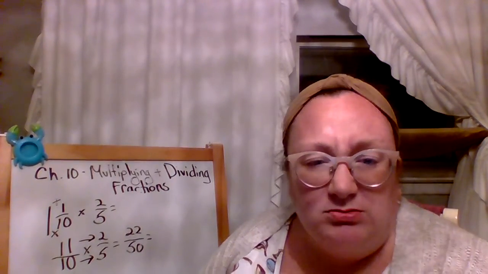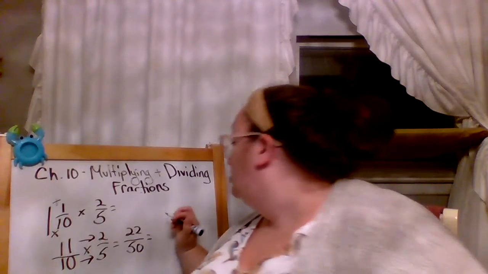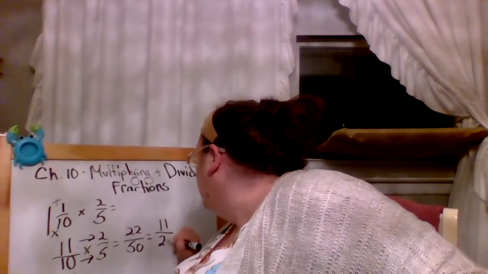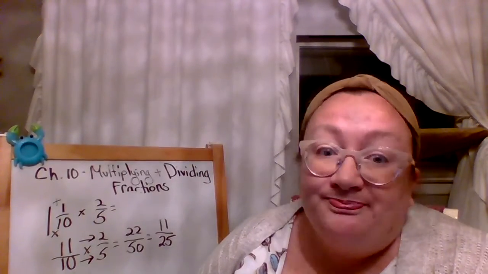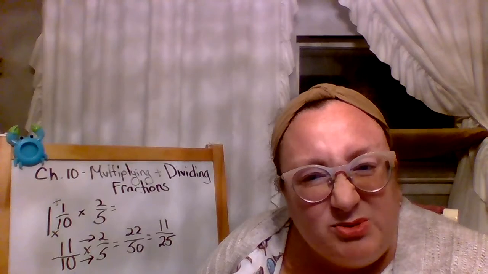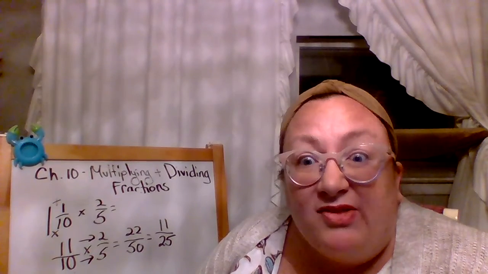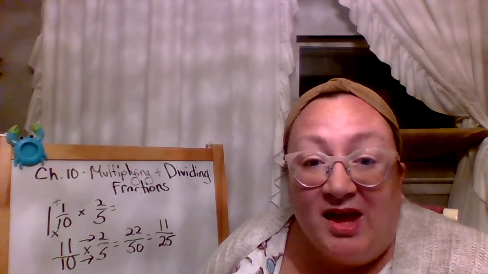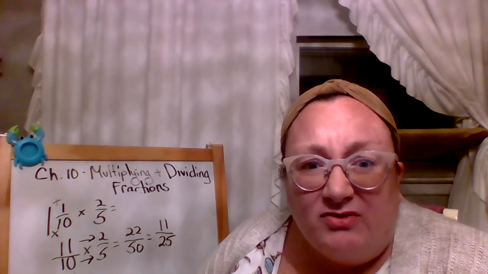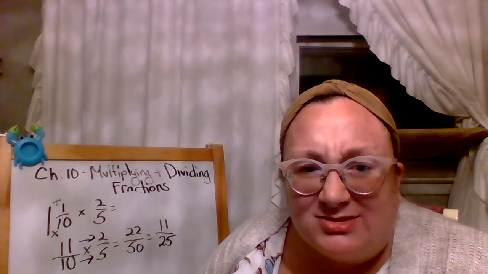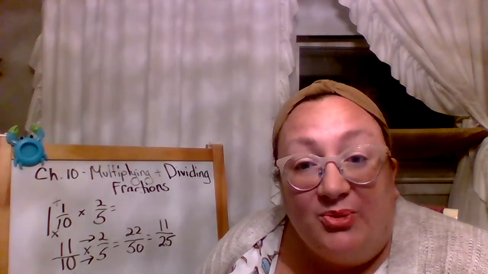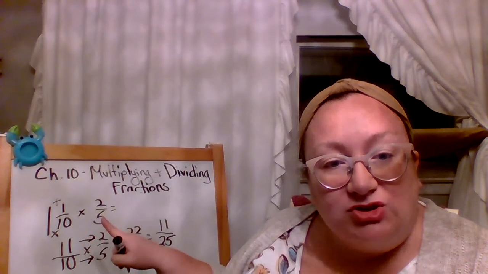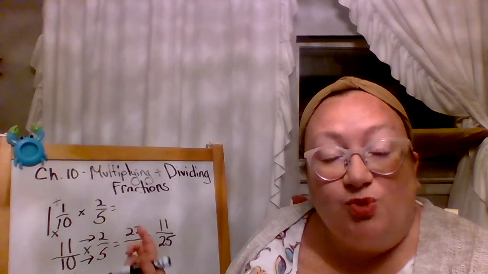But let's try 2, see if that works. 22 divided by 2 is 11. And 50 divided by 2 is 25. So 11/25. Can I divide that by 2 again? No. Do 11 and 25 share any factors? No, because the only factors of 11 are 1 and 11, and that doesn't work for 25. So we can leave it alone. It's simplified. It's good to go. So 1 and 1/10 of 2/5 is 11/25.